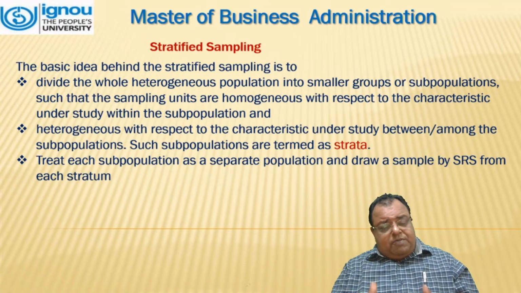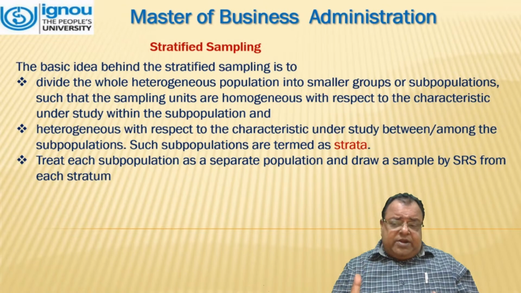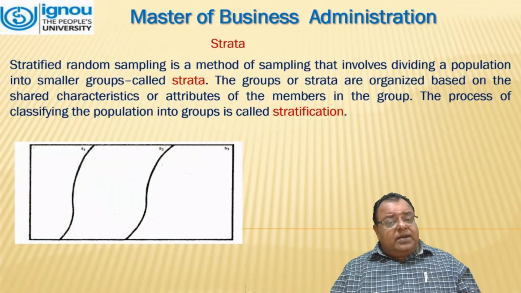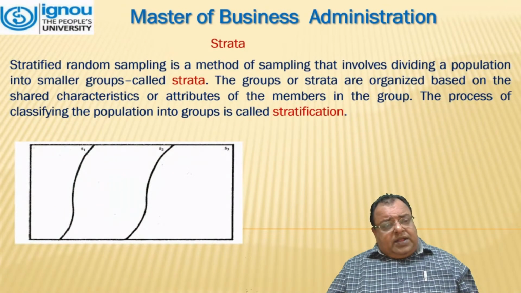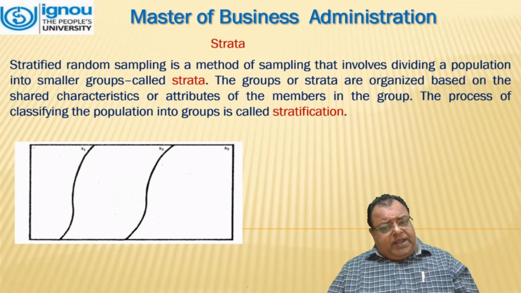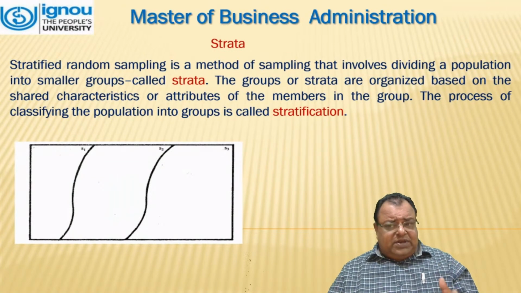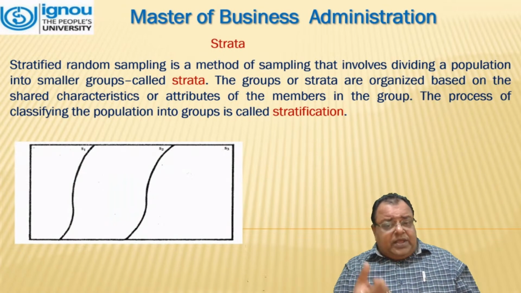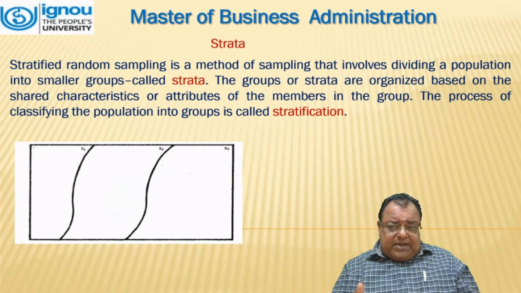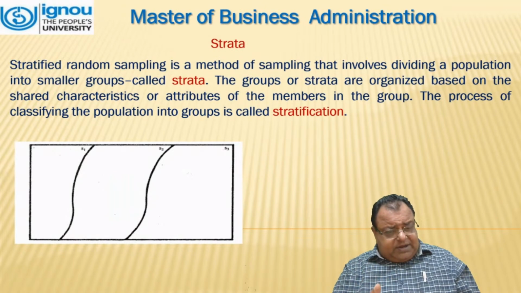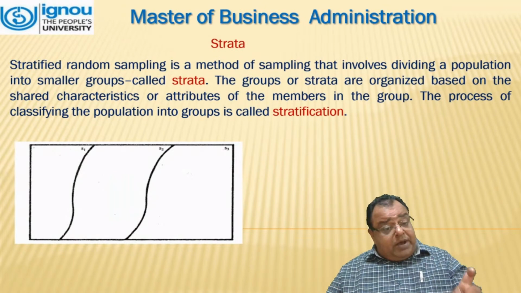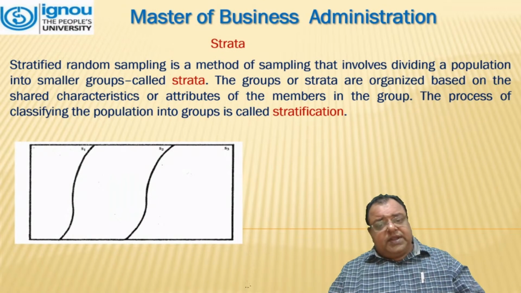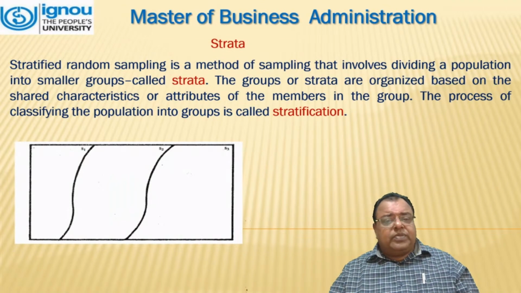Treat each subpopulation as a separate population and draw a sample by SRS from each stratum. Stratified random sampling is a method of sampling which involves dividing the population into smaller groups, which are known as strata. The groups or strata are organized based on the shared characteristics or attributes of the members of the groups. And this process of classifying the population into groups is called stratification.